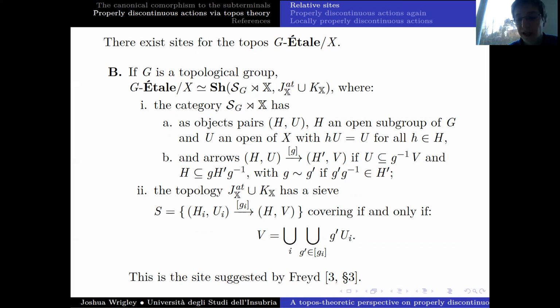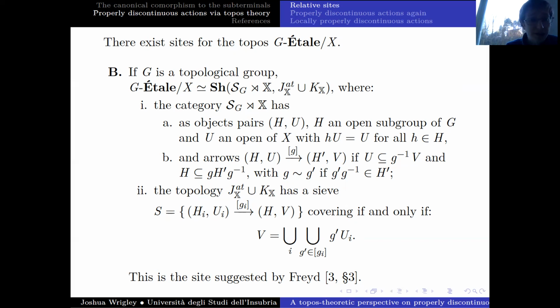They are group elements satisfying these two inclusion conditions between the opens and the open subgroups, but where you have to quotient out by an equivalence relation given here. And finally, the topology on this category is given by this final condition: a sieve is going to be covering if and only if this union condition at the bottom holds.